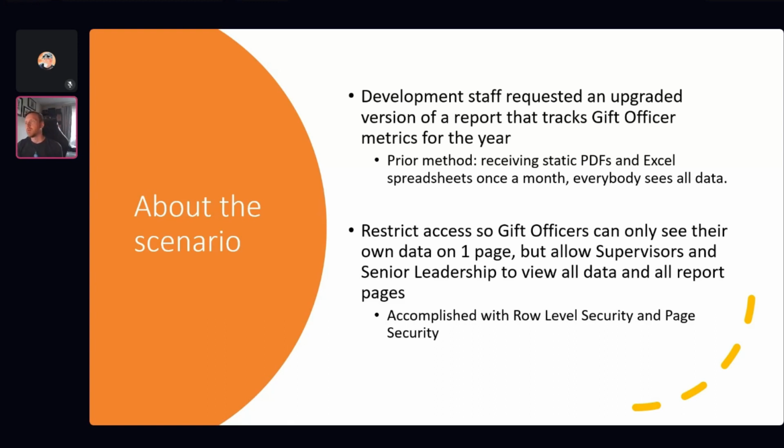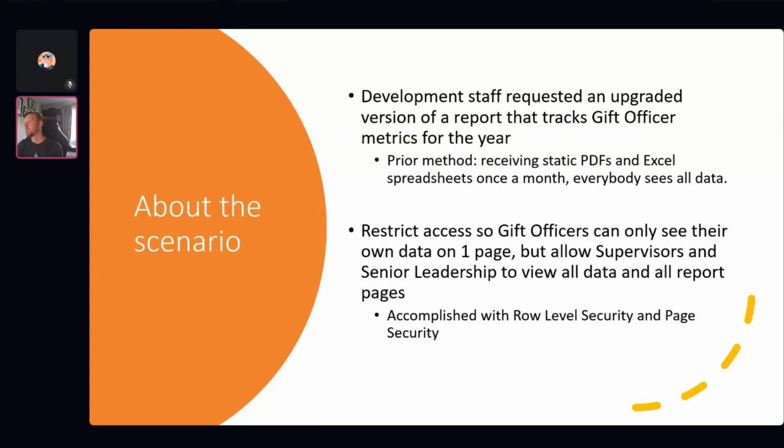So one of the requests that came through was that we wanted to be able to restrict the access so the gift officers could only see their own data, but we also wanted to allow the supervisors and maybe some members of our senior leadership team to be able to view all of the data on all of the pages of the report too.